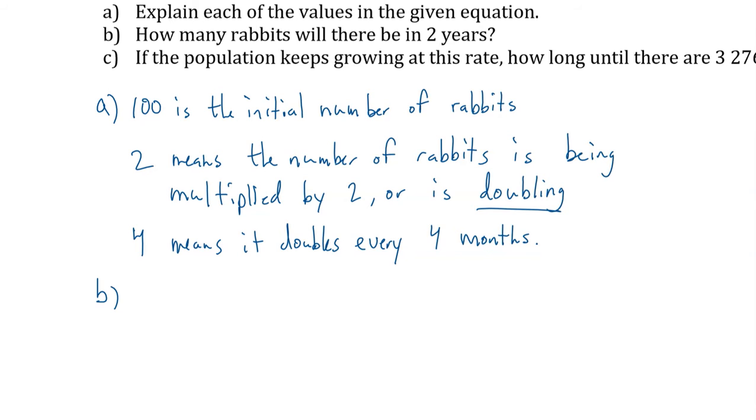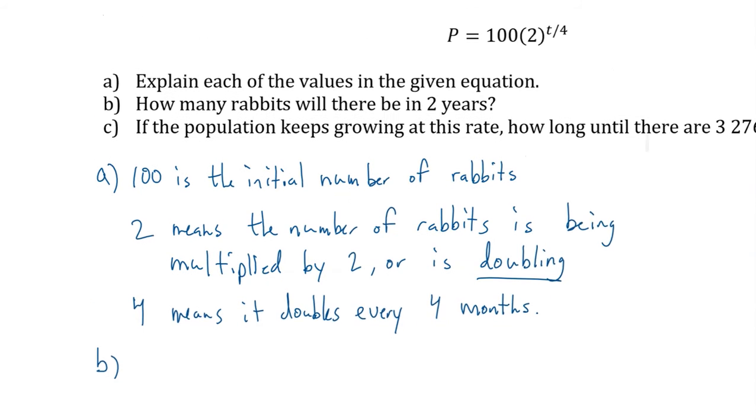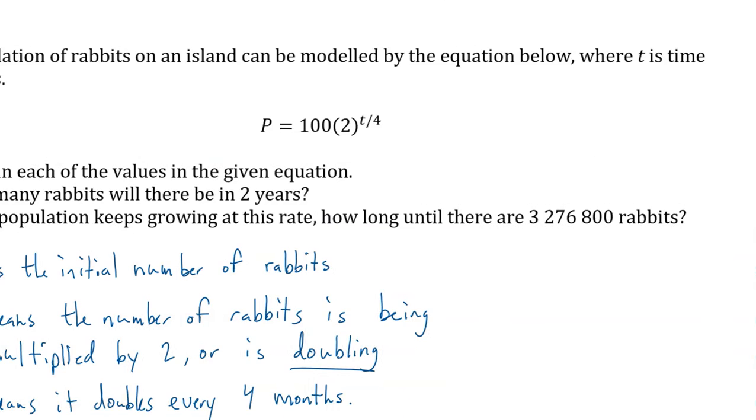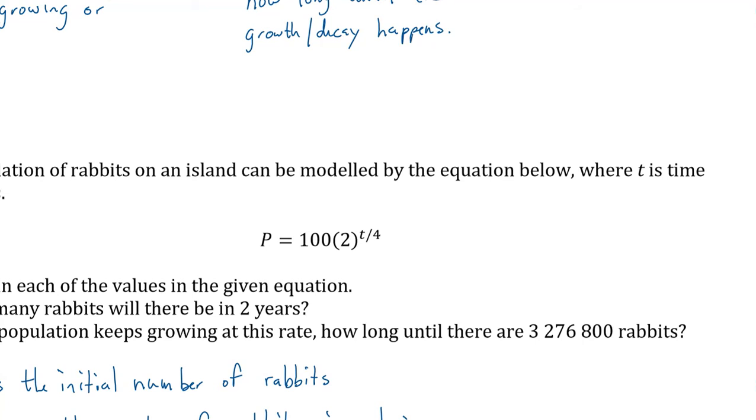So once you have your equation developed, we're going to do 2 things. There's 2 variables left in this equation, 2 unknowns: the t and the p. We're going to learn how to sub in for t and find p, and we're also going to learn how to sub in for p and find t.